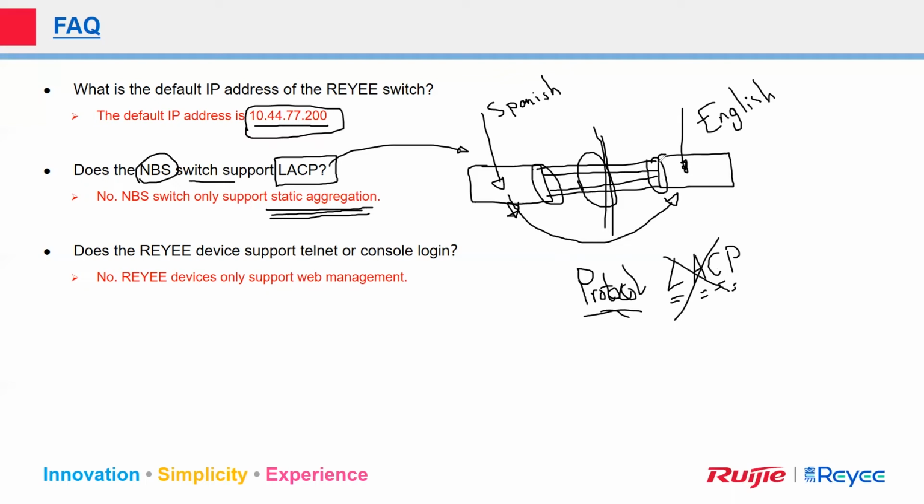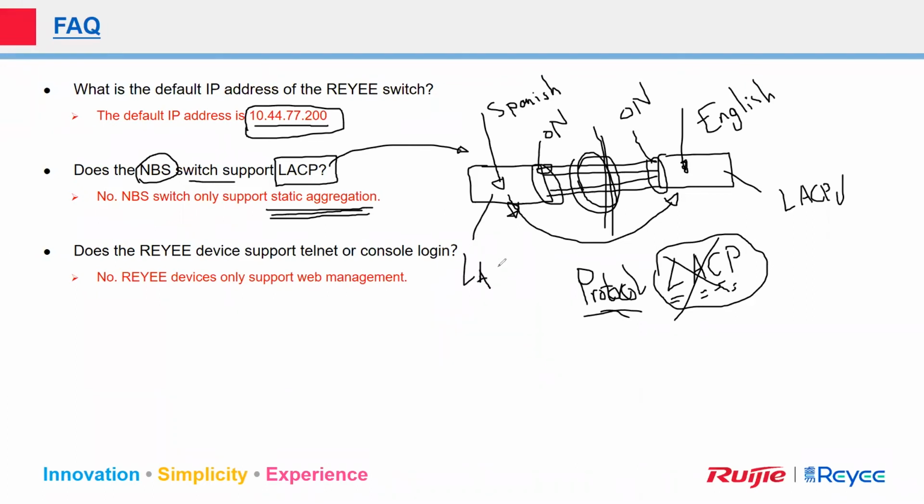So what you do is just tell the switch, turn this on for aggregation and turn this on for aggregation. So you are statically configuring those ports to be prepared for link aggregation. But if you have LACP, you go for that switch and turn on LACP, and go for that switch and turn on LACP.